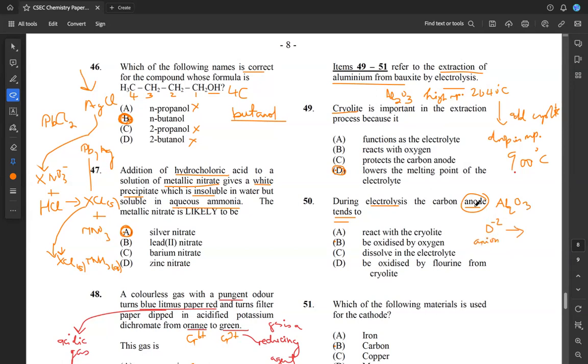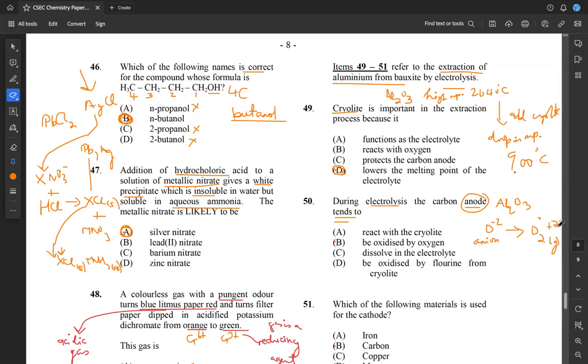So this anion is going to go towards the anode and it's going to get oxidized, because oxidation takes place at the anode, and we're going to end up with oxygen gas. Just neutral oxygen gas is what's going to happen at the anode. Oxidation is a loss of electrons, so this oxygen is going to lose these 2 electrons and end up as O2 neutral.